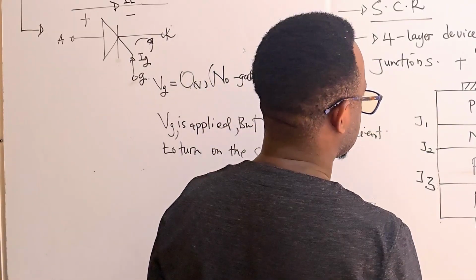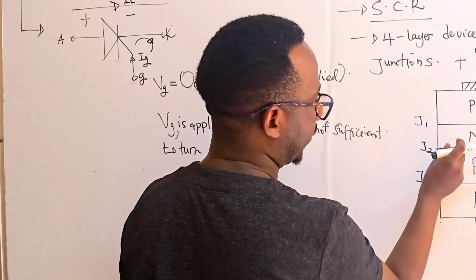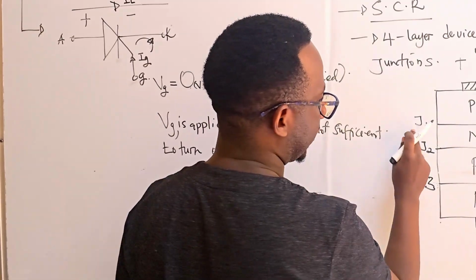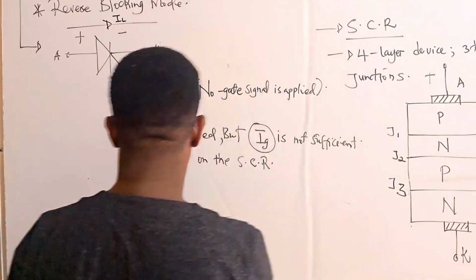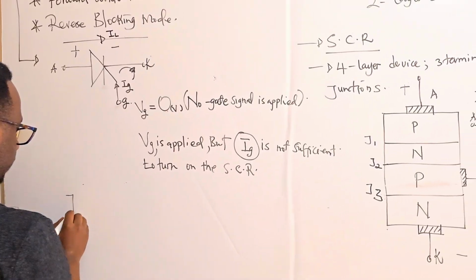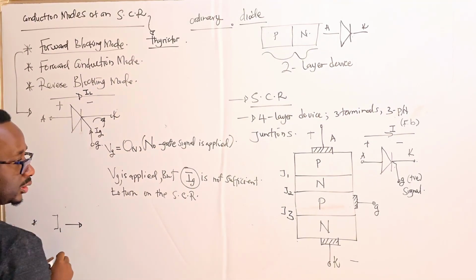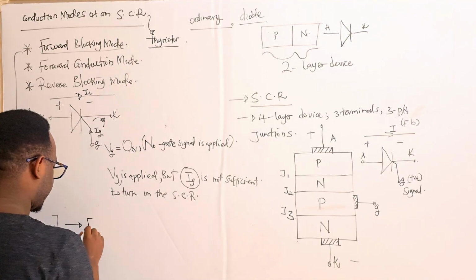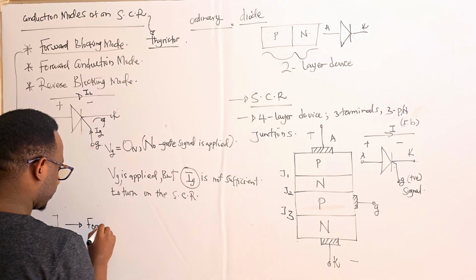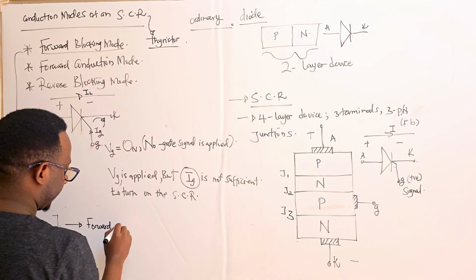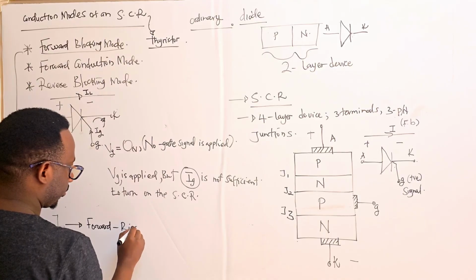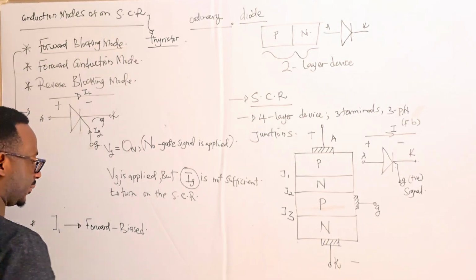But let's look at the different PN junctions. The first PN junction, junction 1, J1, in that case is forward biased.